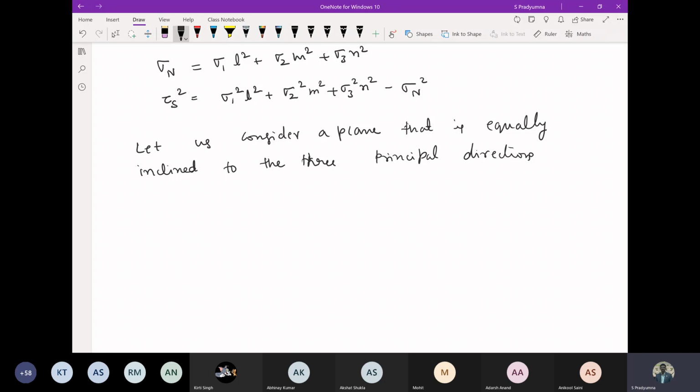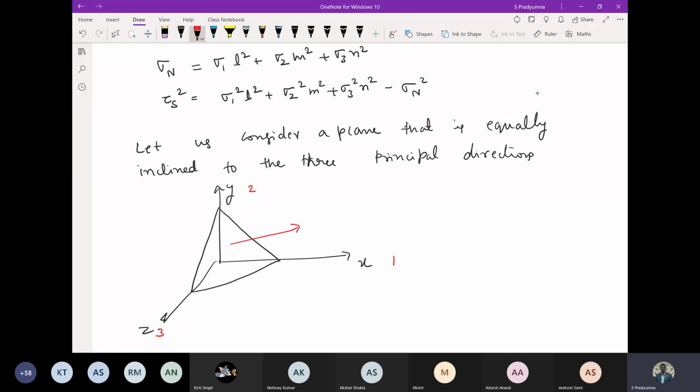That means what we are doing here is that we are considering this x-axis, this is y-axis, this is z-axis. I can also call this direction 1, direction 2, and direction 3. Okay. So I am considering a plane. For example, this is the plane I am considering.